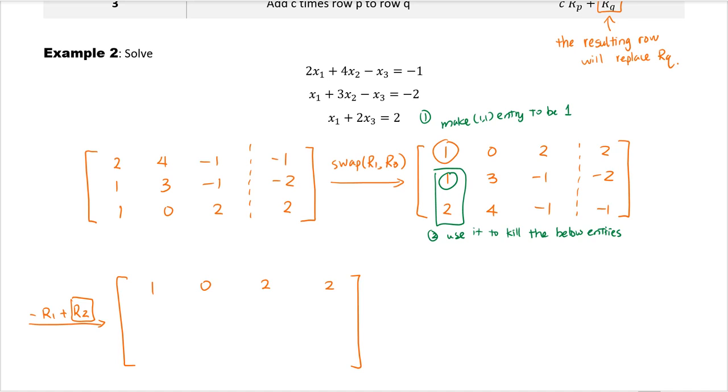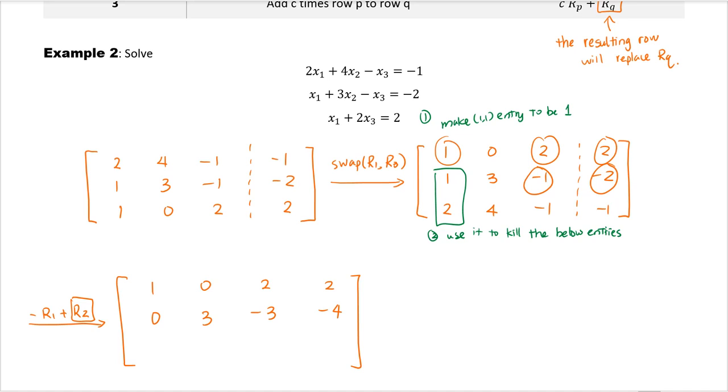Okay, now let's see. We have 1 minus 1 is 0. And then 3 minus 0 is 3. Minus 1 minus 2 is negative 3. Minus 2 minus 2 is minus 4.